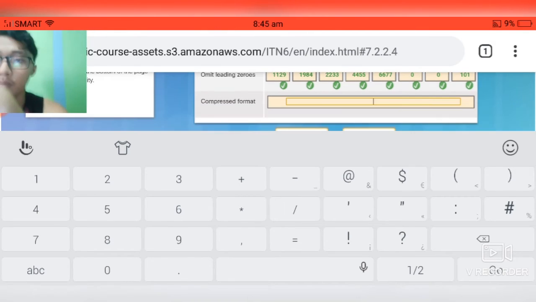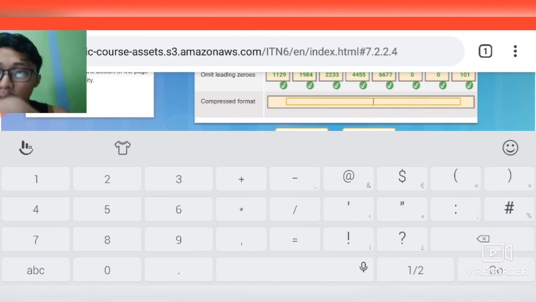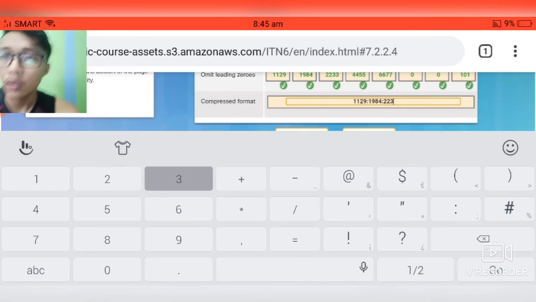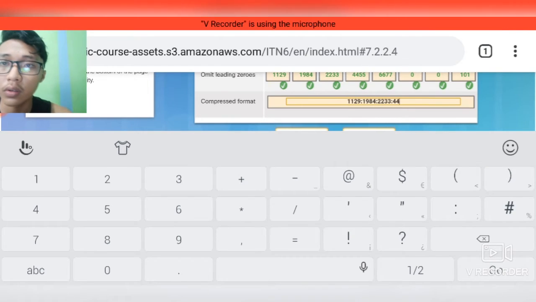The compressed format would be 1129 slash 1984 dash colon 2233 4455 6677 double colon and 101.